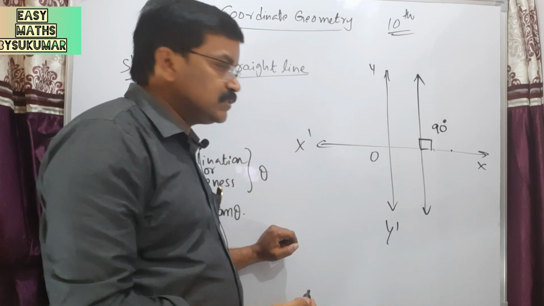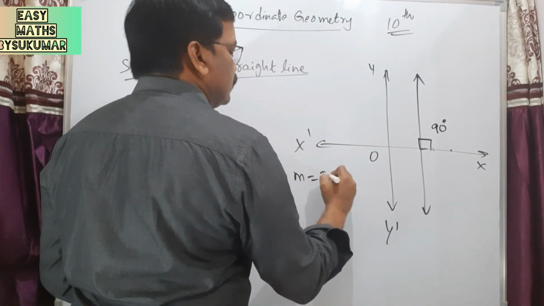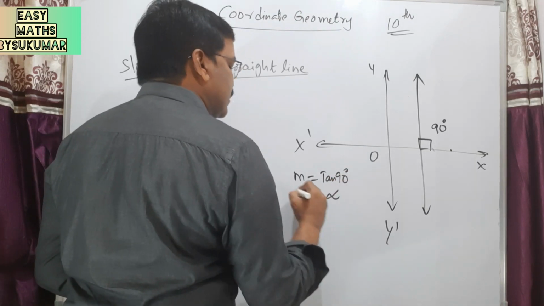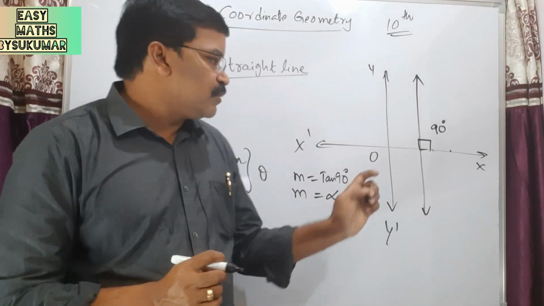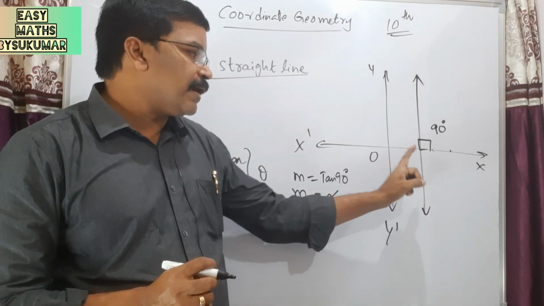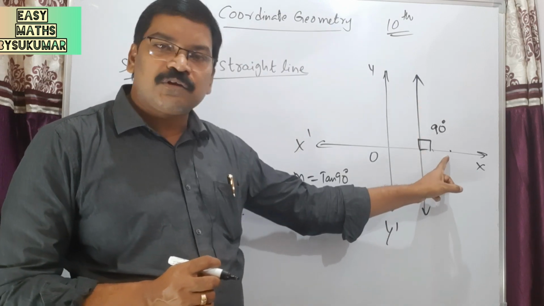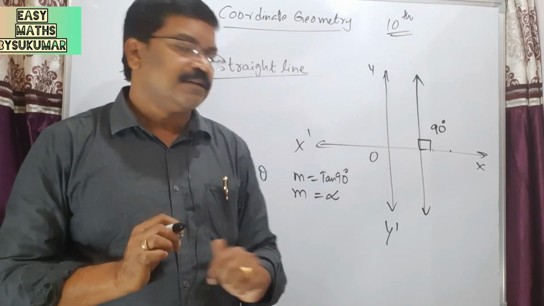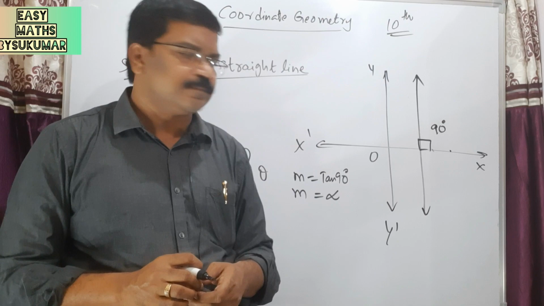So tan 90 is undefined. That means the slope of a straight line which is parallel to the y-axis, or perpendicular to the x-axis, is undefined. I hope you understand this.